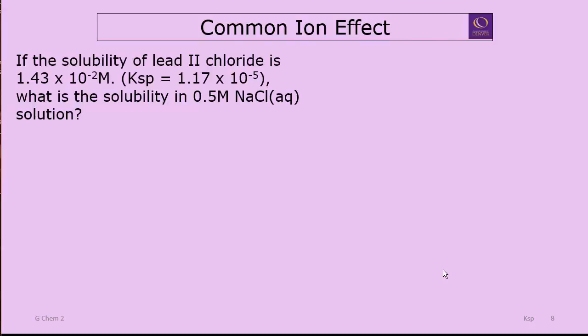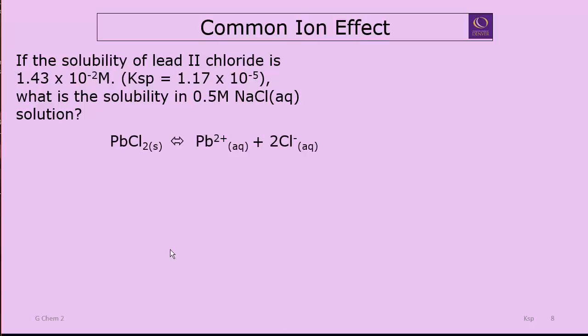So now we're going to do the solubility of lead(II) chloride, which we've already figured out is 1.43 times 10 to the minus 2 molar, which means that there's that many moles in a liter of the solution. How would that change if you actually were trying to dissolve the lead(II) chloride in a 0.5 molar sodium chloride solution?